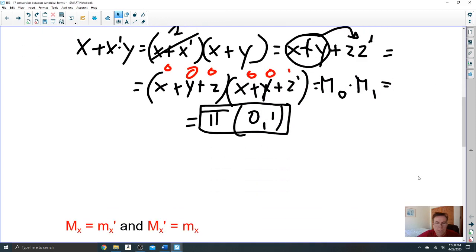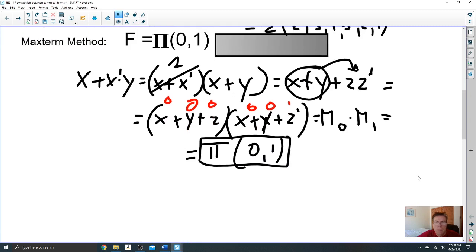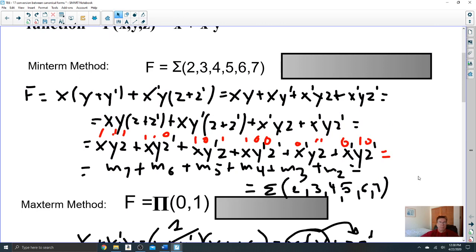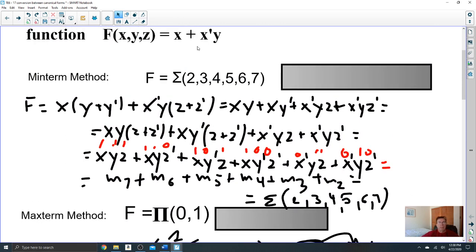Okay, let's continue. Interesting thing is as follows. Let's look at this. You see this? When you express the same function as the sum of minterms, you get this. Or the product of max terms, you get this. So look at those subscripts: 0, 1, 2, 3, 4, 5, 6, 7.